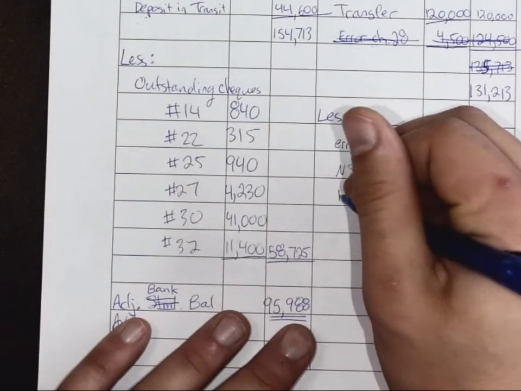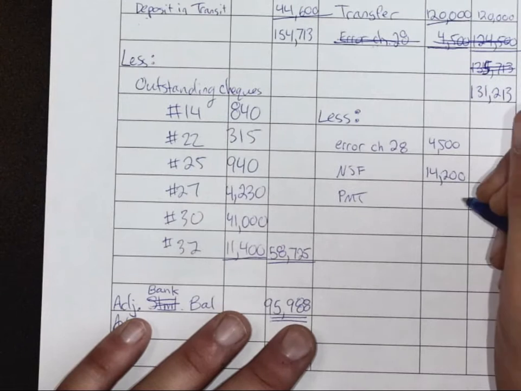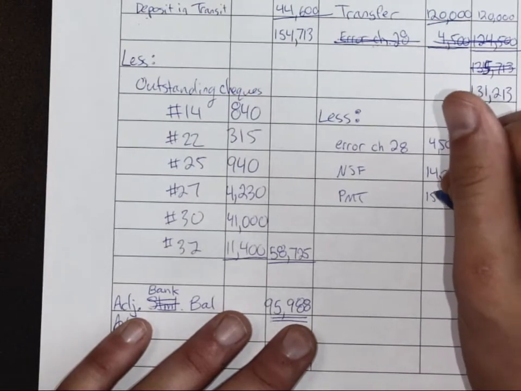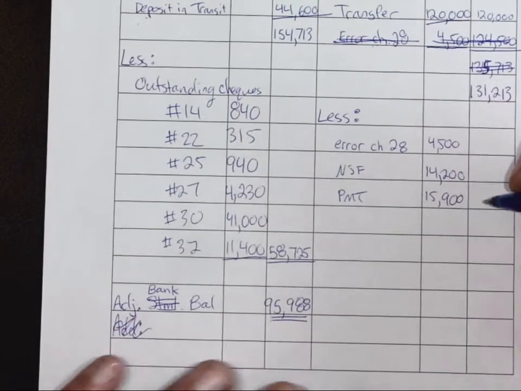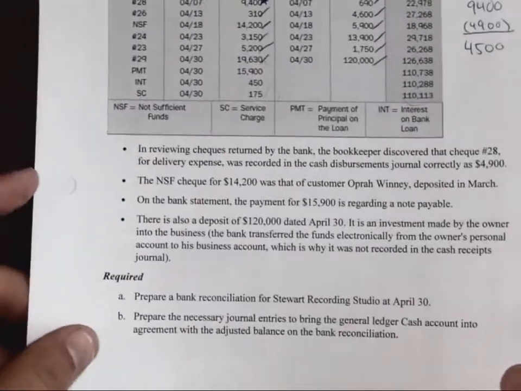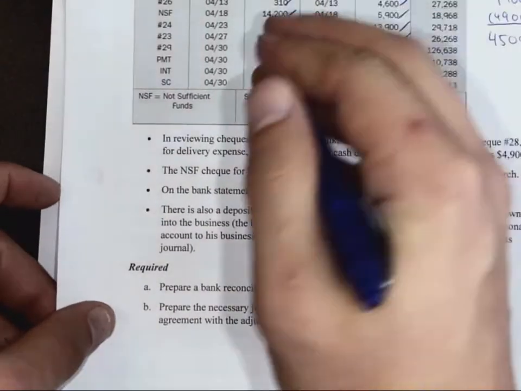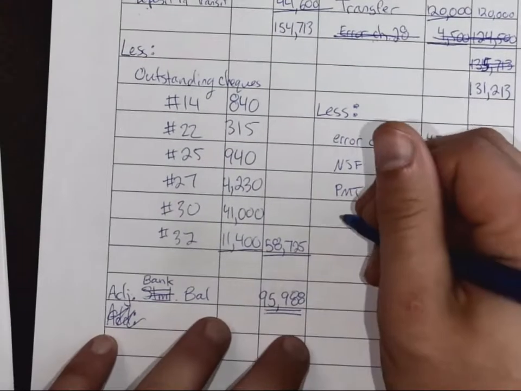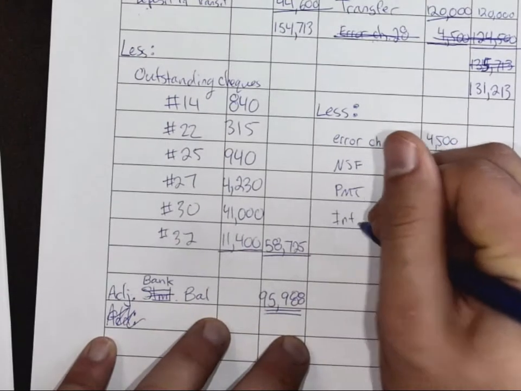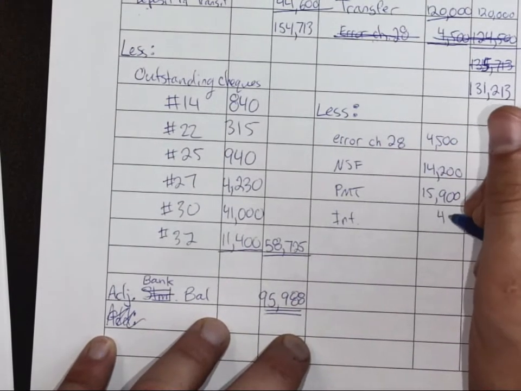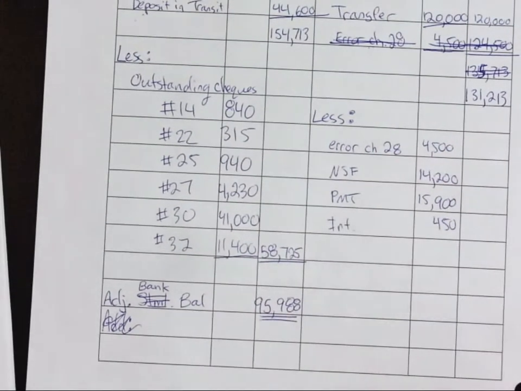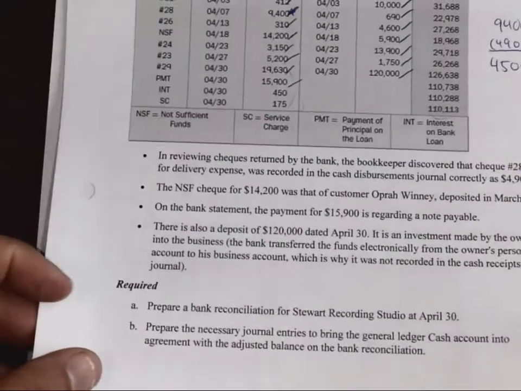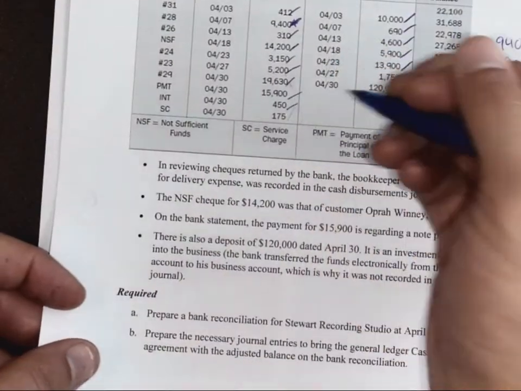The next one being the payment for $15,900. Next one being the interest for $450. The next one being the service charge for $175.